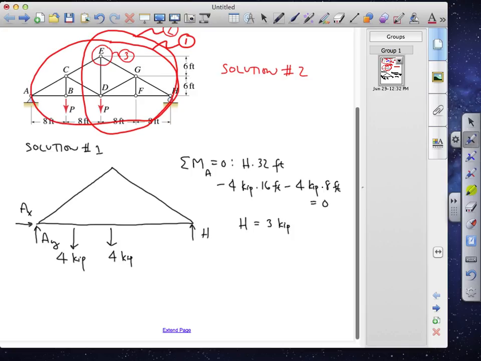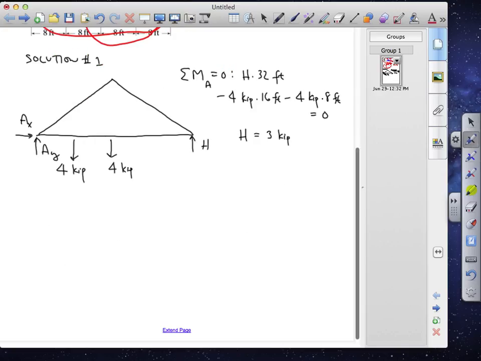Now we can proceed to joint H, and we'll draw our free body diagram, making use now of the fact that H is 3-kip. Here is the force carried by member FH, and the force carried by member GH.